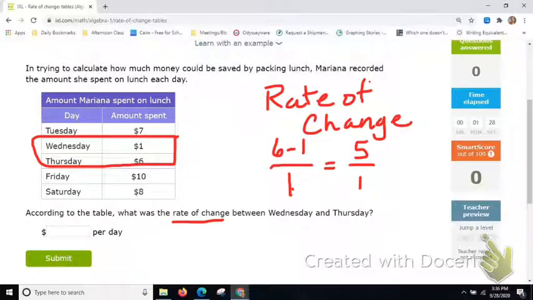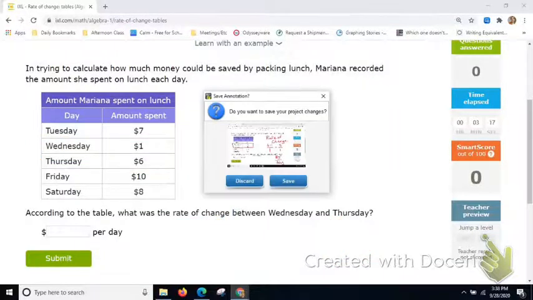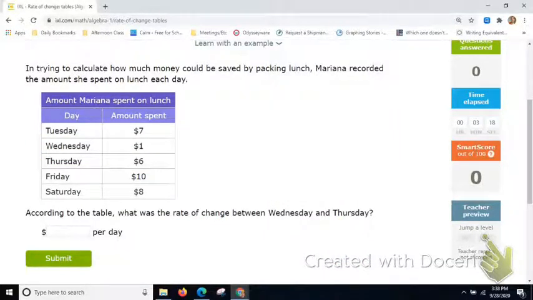And since it's a 1, that's already per day. So the rate of change then is $5. It changed $5 in one day. So per day. So per is like this would be in the bottom of a fraction. So $5 per day.